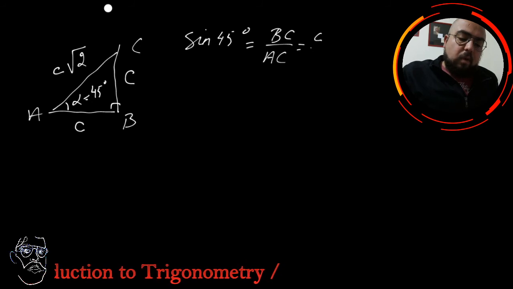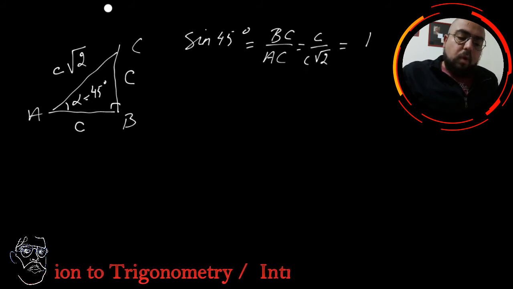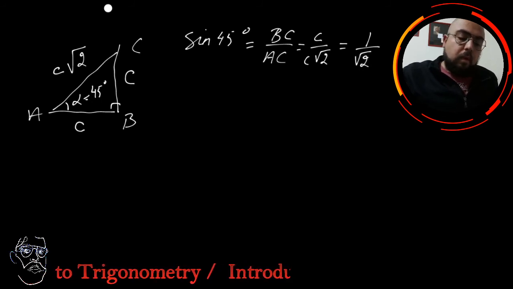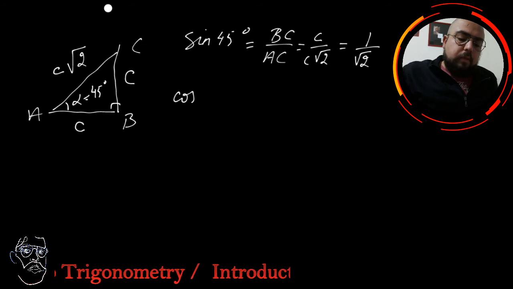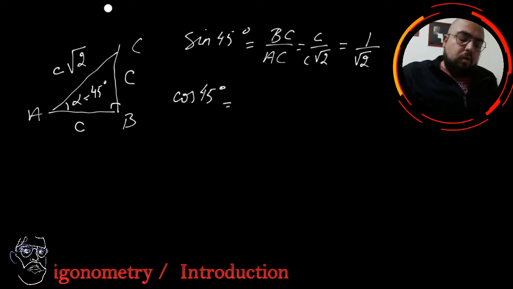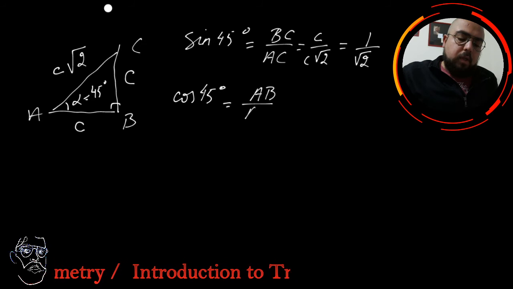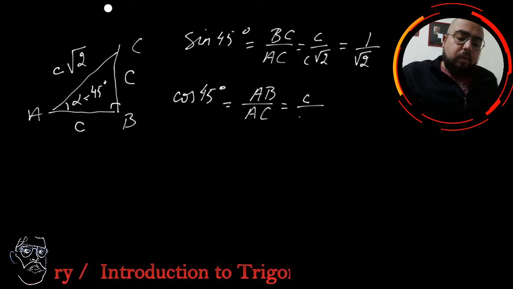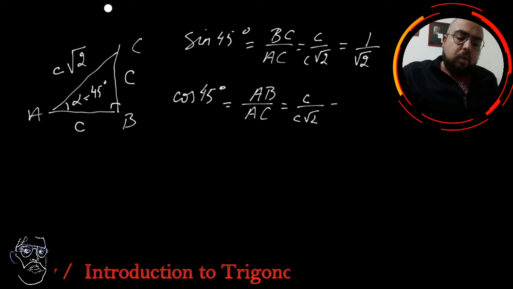It's C over C square root of 2, which gives you 1 over square root of 2. Cosine of 45 degrees is adjacent, AB, over AC, again C over C square root of 2, which is 1 over square root of 2.